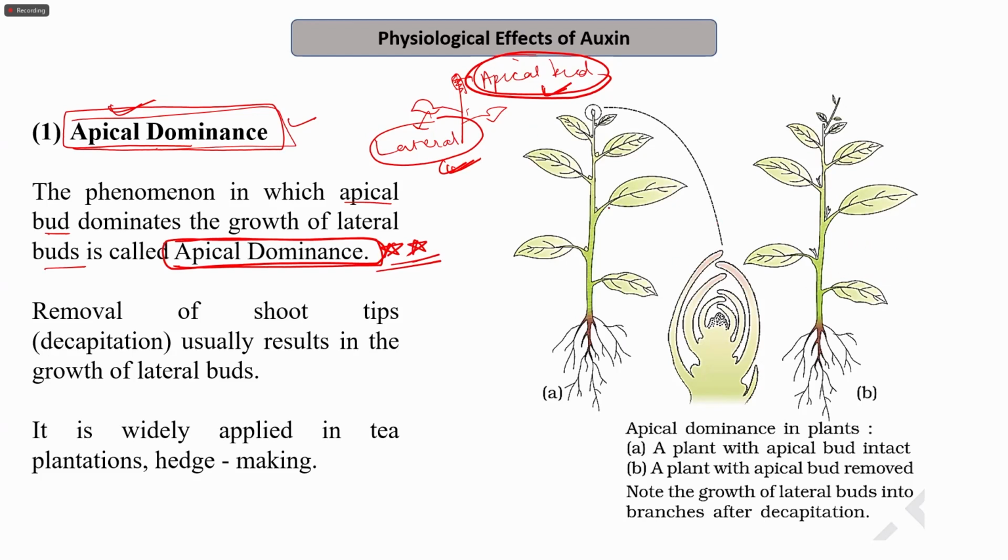You can see here that apical dominance in plants has been shown, in which if I consider figure A, the apical bud is intact. And in plant B, we have removed the apical bud.